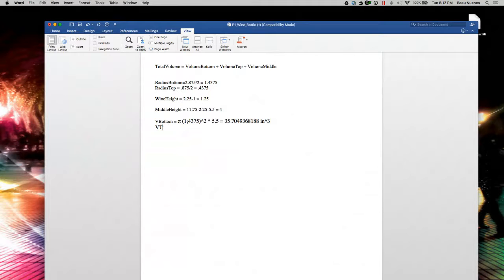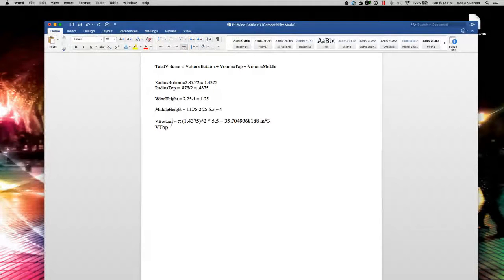Volume of the top. Pi again times 0.4375 squared times 1.25.